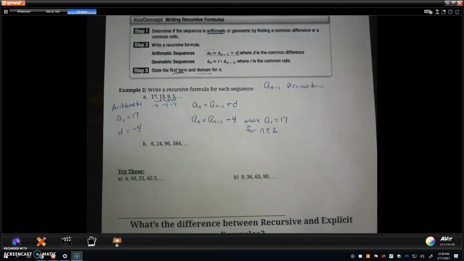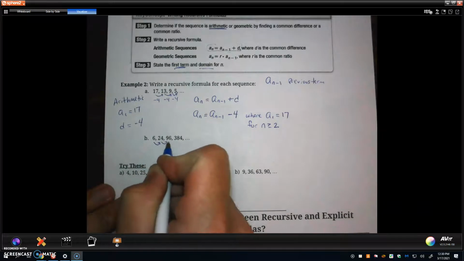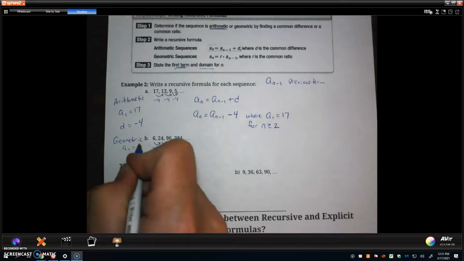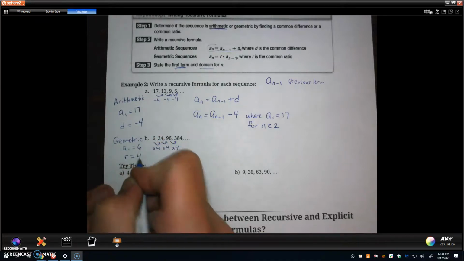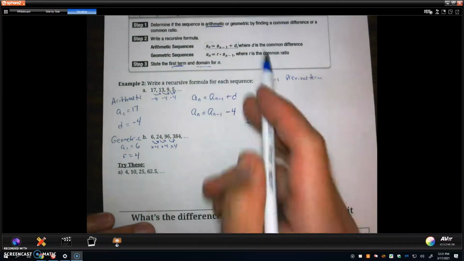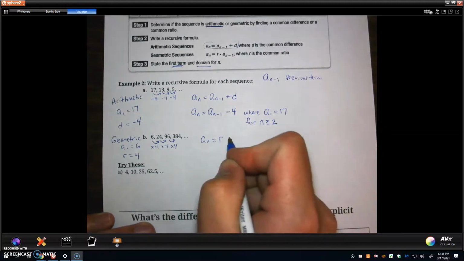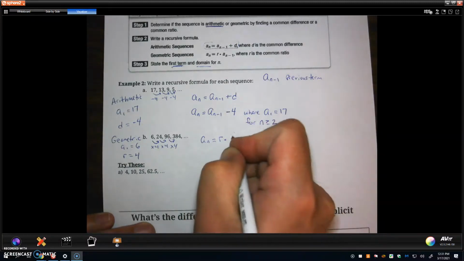Now let's look at a geometric one. If you look at letter B, your pattern is multiplying by 4. Multiply by 4, multiply by 4. So we're looking at a geometric series. We're looking at the first term of 6 and a common ratio of 4. So we're going to now use the geometric recursive formula. It's a sub n equals your ratio times a sub n minus 1.